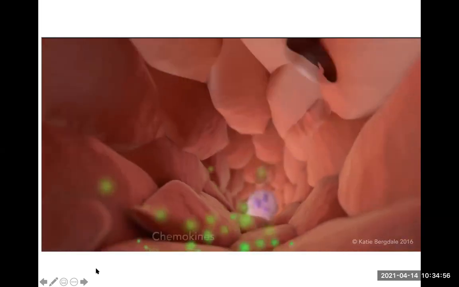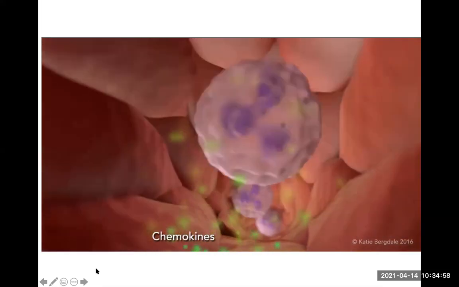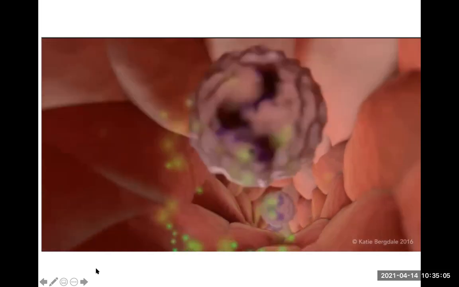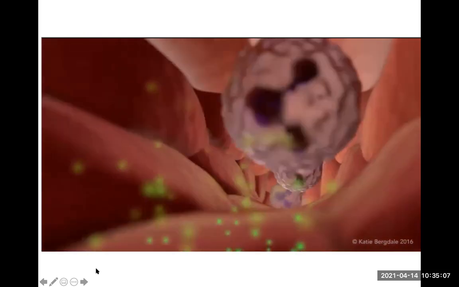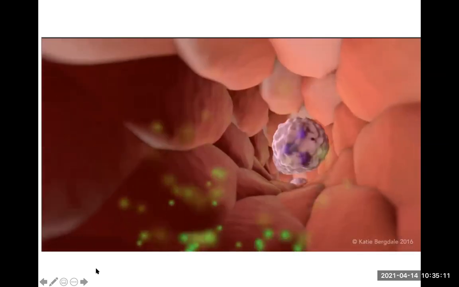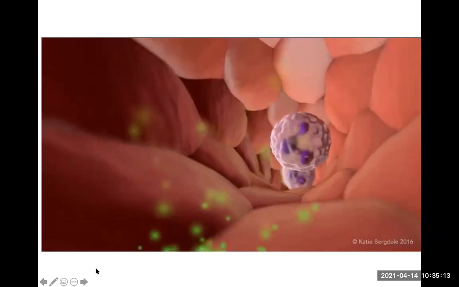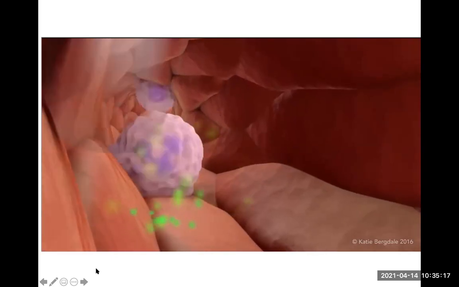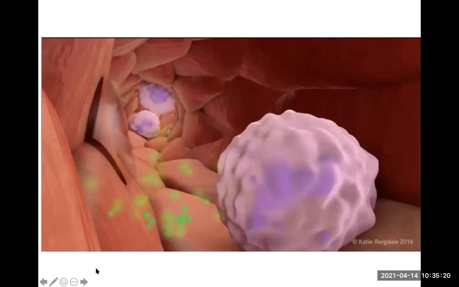Extravasation begins when chemokines are released by immune cells at a site of injury or inflammation, activating the endothelial cells of nearby capillaries to express adhesion molecules. Neutrophils respond to the adhesion molecules by expressing counter receptors, which produce a weak interaction between the neutrophil and endothelial wall. The neutrophil adheres slightly to the vessel wall, rolling along the surface.